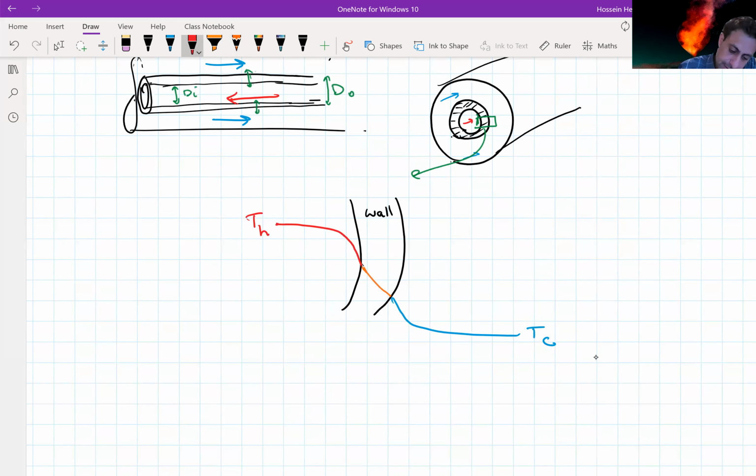The internal surface area of that pipe, let's say this is Ai, with the heat transfer coefficient of hi, and the outer side is Ao with the heat transfer coefficient of ho.